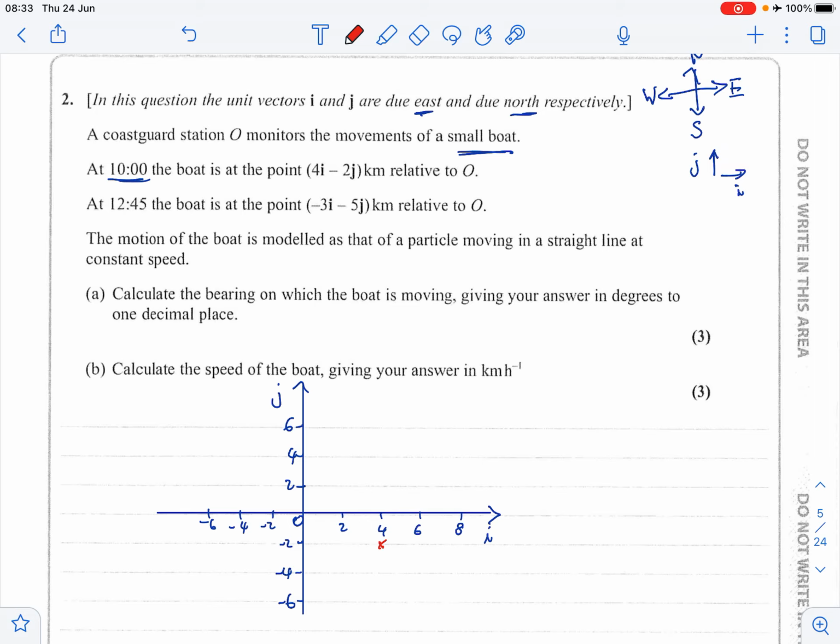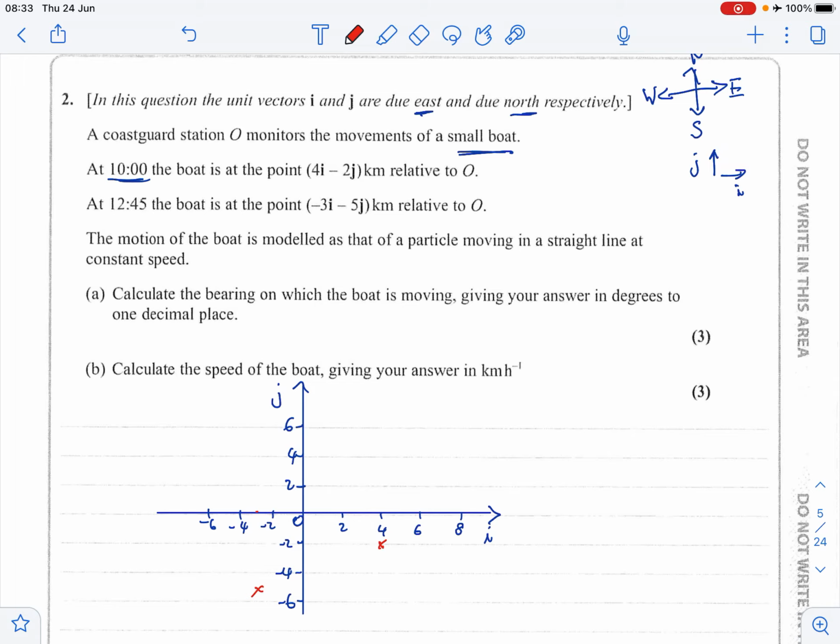So minus 3i, then minus 5j, which is this point here. The motion of the boat is modeled as that of a particle moving in a straight line at a constant speed.